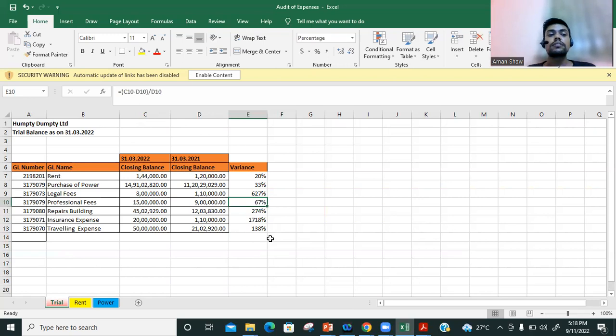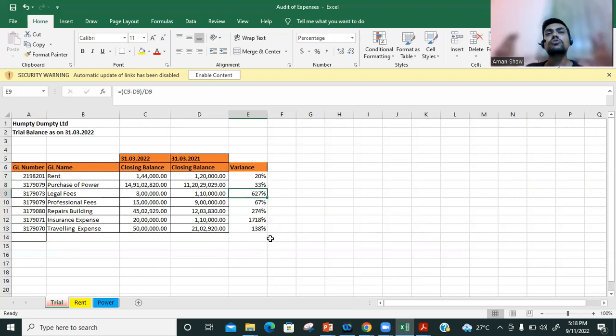as TDS on contractors. In legal expenses, there is a direct relation with contingent liability. For purchase of power, you can analyze the per unit consumption and the minimum demand they have taken. Similarly, for rent and electricity, all 12 months should be paid and booked.